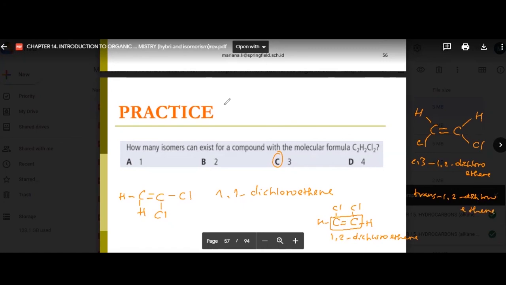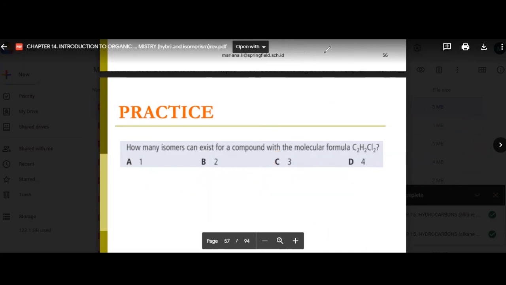So how many isomers can exist? There are 3: 1,1-dichloroethene, cis, and trans. Since they are different, you should count each of them. So there are 3. Be careful.